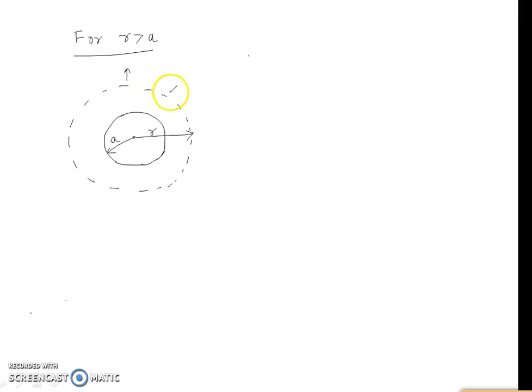So here again we can see that the flux lines are normal to the Gaussian surface at all the points. And at all points of the Gaussian surface, the electric flux density is having a constant value.